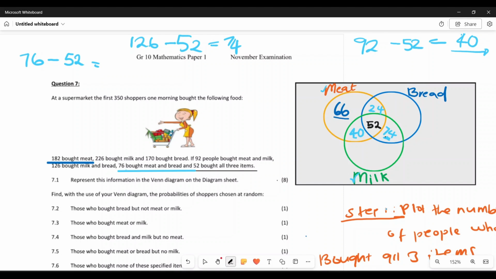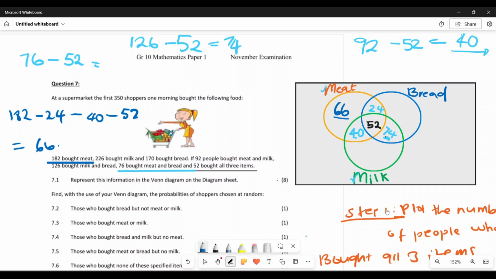Remember, I said 182 minus the 24, which is for people who bought meat and bread only, minus the 40, which is the number of people who bought meat and milk, and lastly minus the 50. As a result, this gave me the number of people who bought meat only, 66.